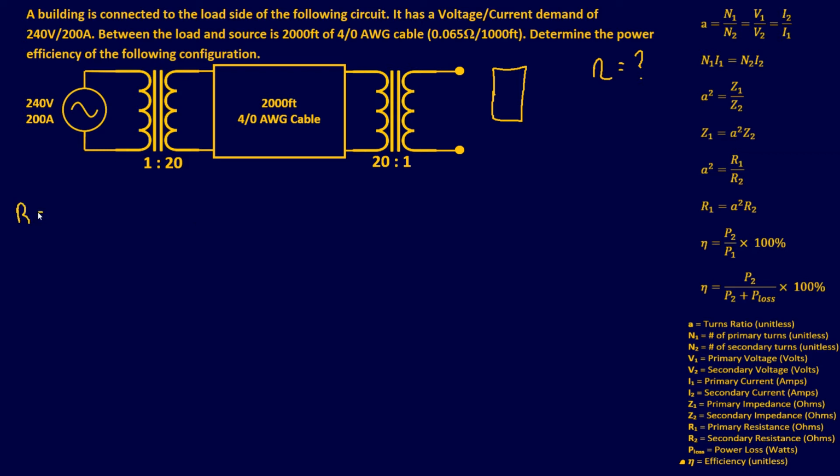So we'll say our resistance for the cable is 2,000 feet times 0.065 ohms per 1,000 feet. And as usual, excuse my handwriting, you know it's terrible.